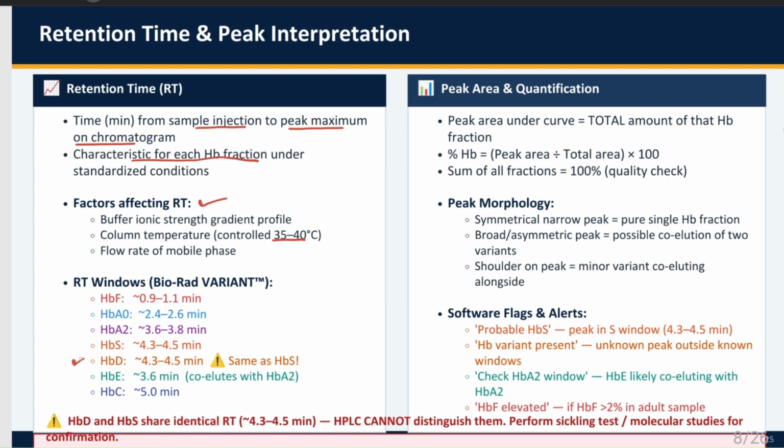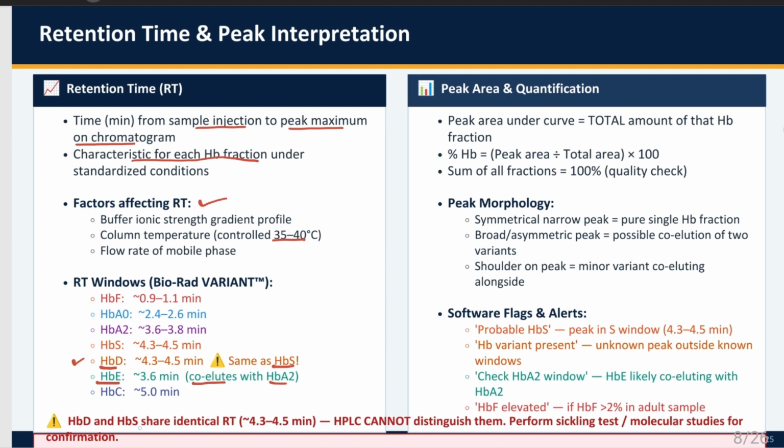But here you can see that HbD and HbS show the same retention time window because both of these hemoglobin variants come out at the same time. And also HbE and HbA2 co-elute, that is, they also come out at the same time.